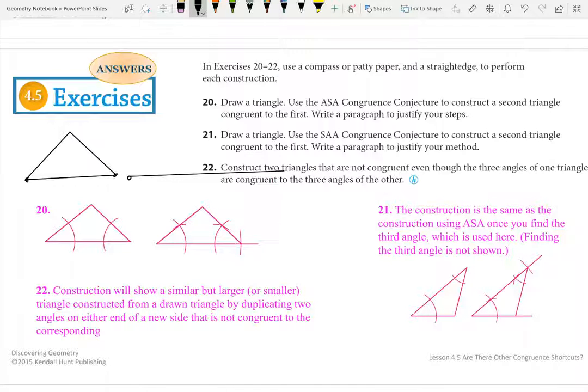You throw an arc right here. And that would be your second point. And then what you're going to do is duplicate, call this A, B, and C. Duplicate angle A. You swing an arc, swing the same arc, and swing an arc here and an arc here, and you throw a line through that.